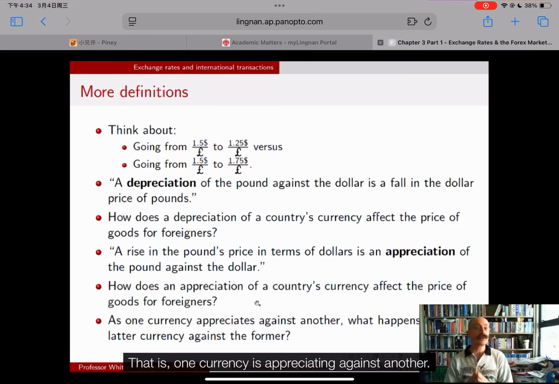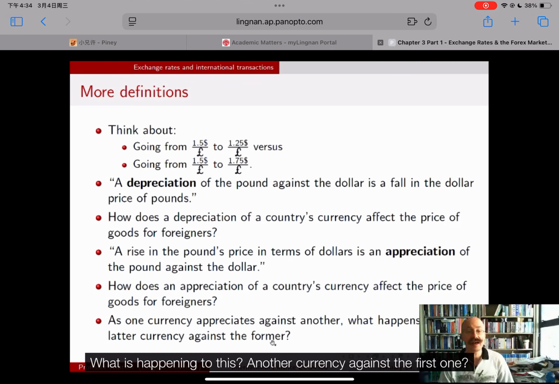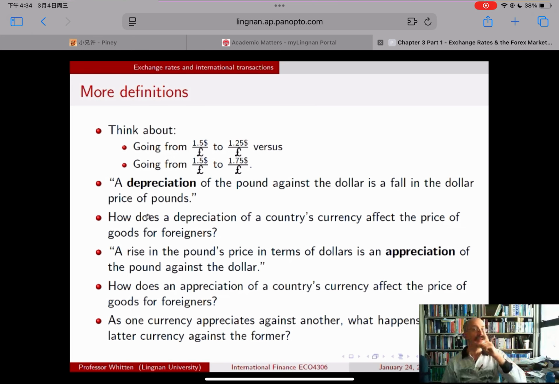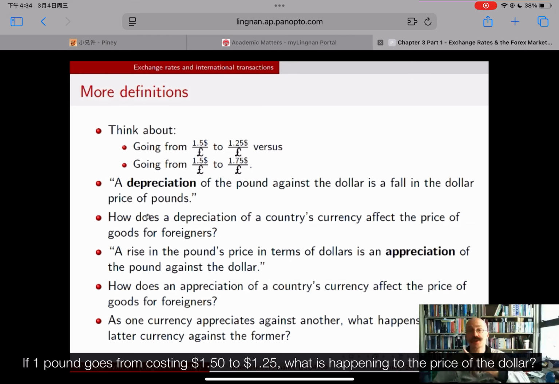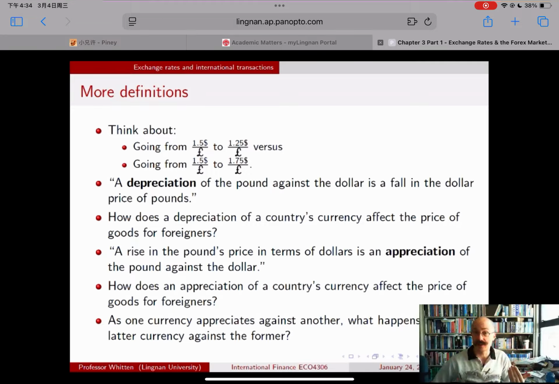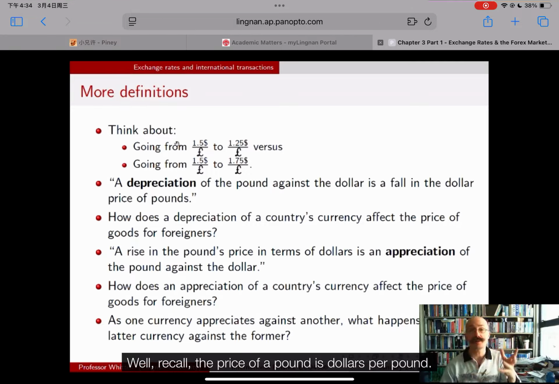And as one currency is appreciating against another, what is happening to this other currency against the first one? If 1 pound goes from costing $1.50 to $1.25, what is happening to the price of the dollar? Well, recall the price of a pound is dollars per pound.